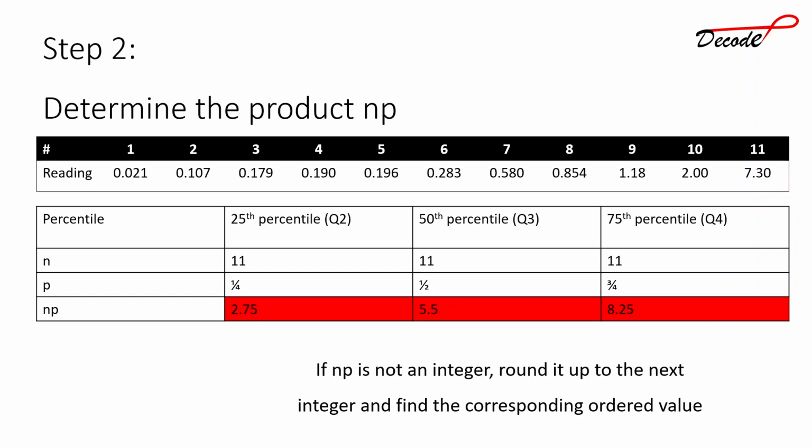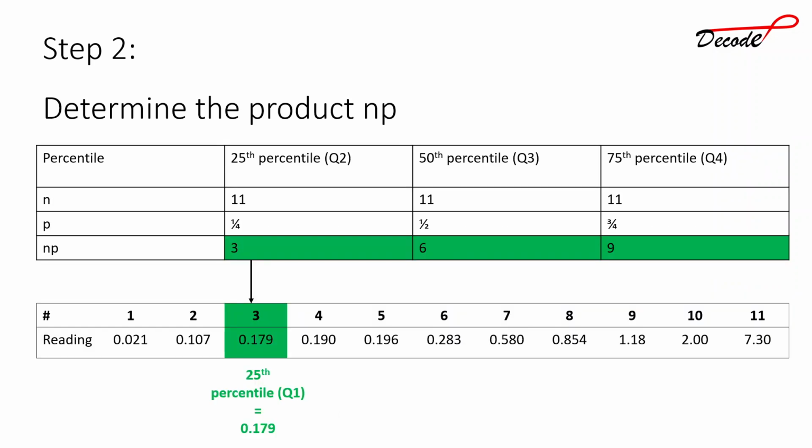So we know if NP is not an integer, we need to round it up to the next value and find the corresponding value in the ordered values. So 2.75 we convert to 3, 5.5 we convert to 6, 8.25 we convert to 9. Now we will see which is the third value in the ordered observations.